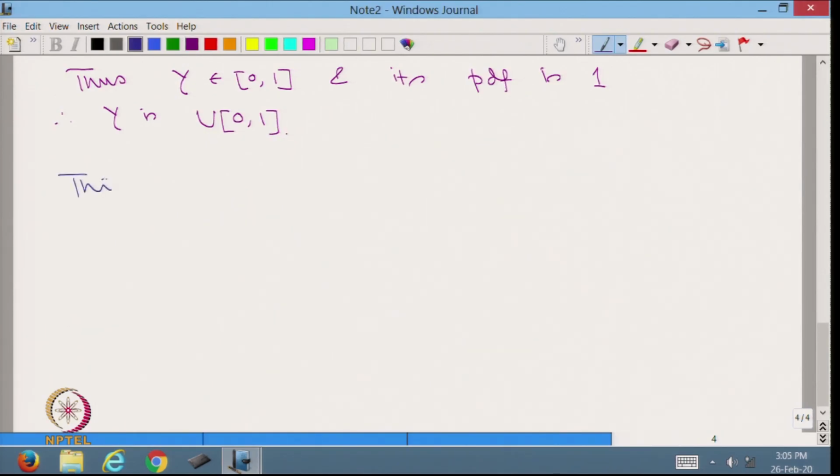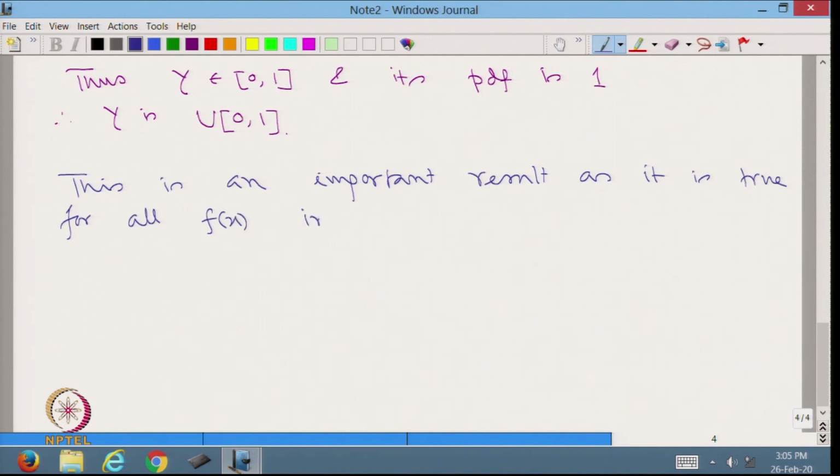This is an important result as it is true for all f x irrespective of its form.